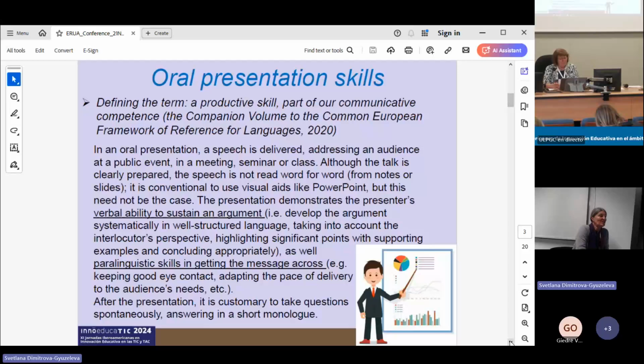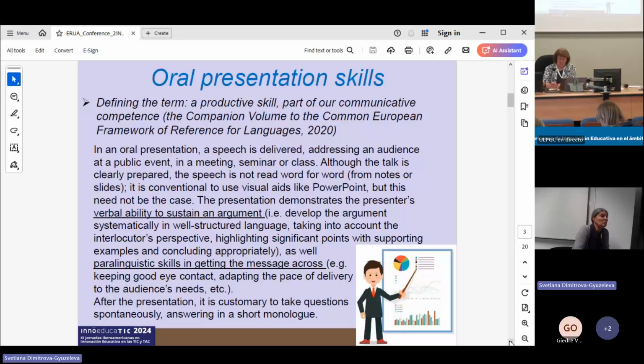Although the talk is clearly prepared and sometimes even rehearsed in advance, presenters rarely try to recite the presentation word for word. They also try to use some visual aids to make it easier for the audience to be on the same page with them.